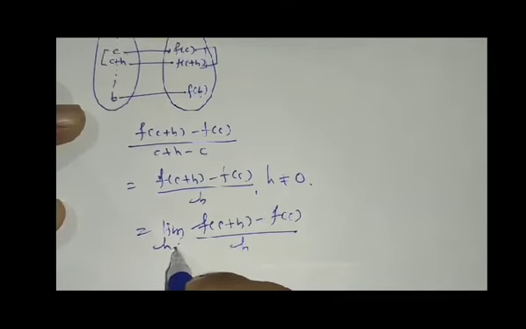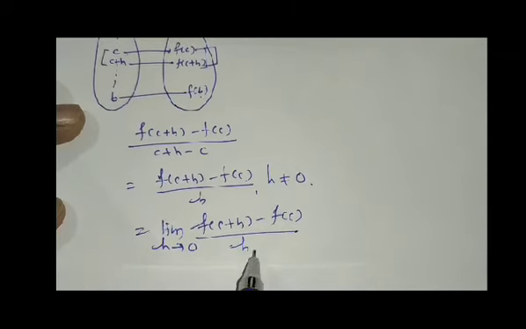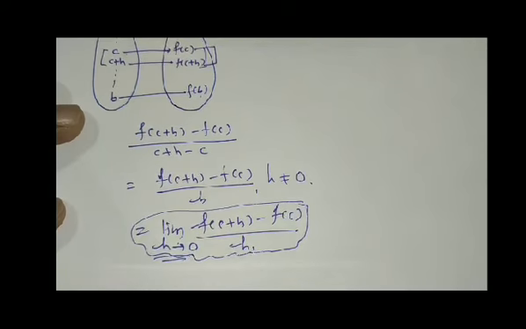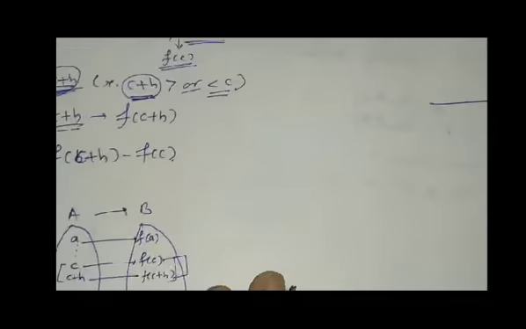So there is one condition we observe: whatever the ratio is, there is a limit as h tends to 0. That means we can take h nearer and nearer to 0 but not equal to 0, and thus we use limit h tends to 0. And this is nothing but the definition of derivative.